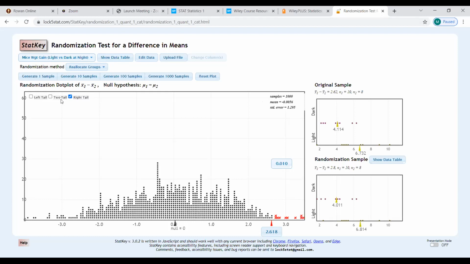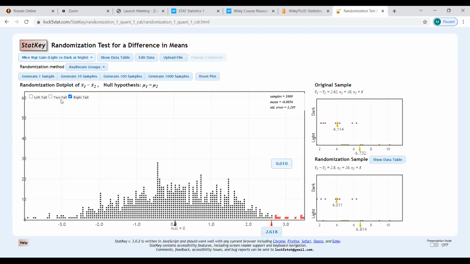All right, anyway, I'm not going to test you on using these randomization tests, but they are useful to try to understand exactly what a p-value is and why a lower p-value rejects the null hypothesis, okay? Any questions about this? And by the way, you can take the examples from the book and find the data set in StatKey.